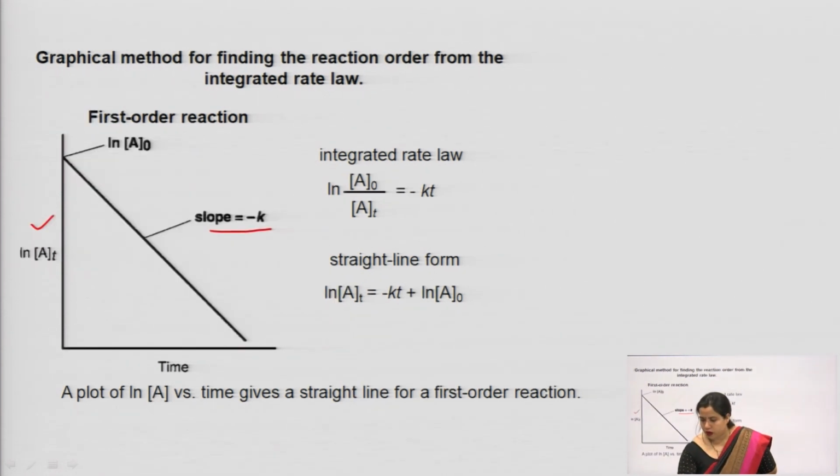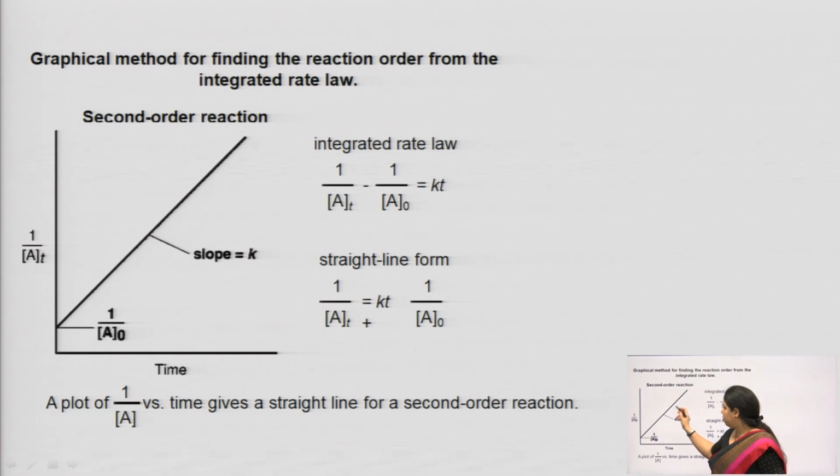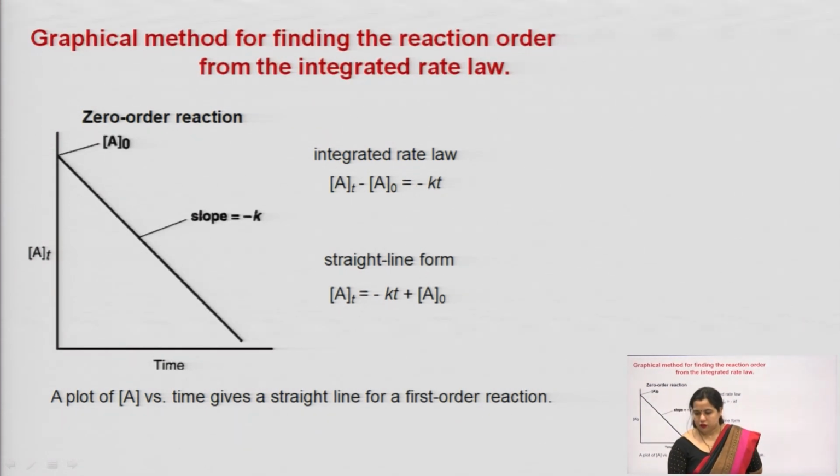The slope goes downwards for the first order reaction, and this is the representation of the second order reaction as per the integrated rate law. And for zero order, A0 represents the order type of the reaction.